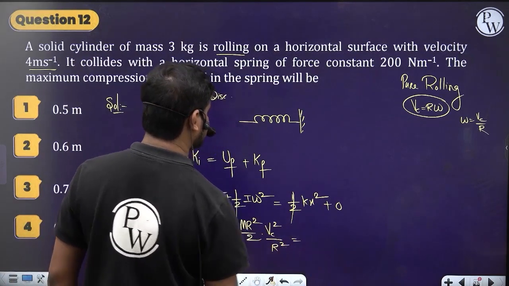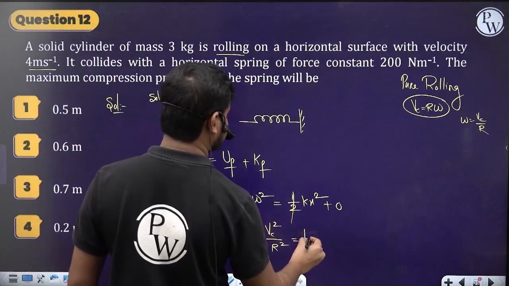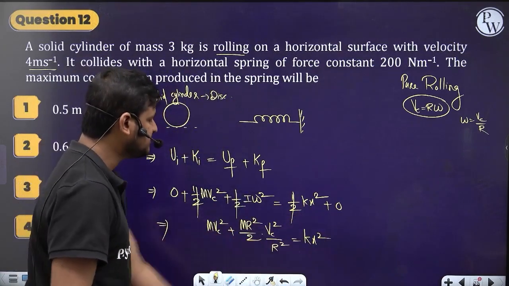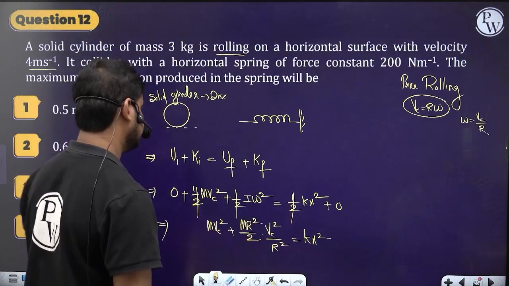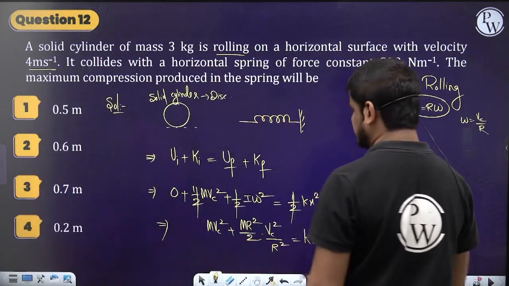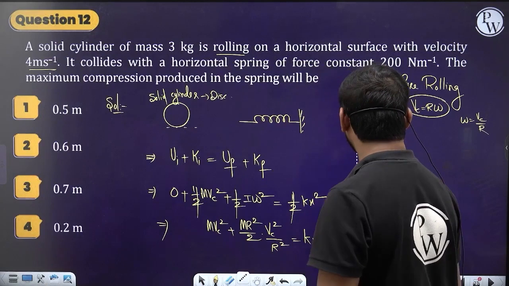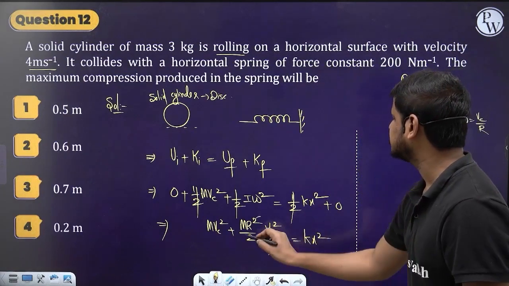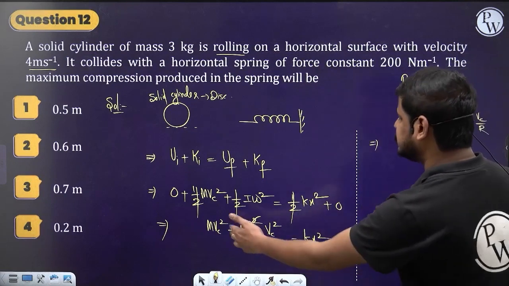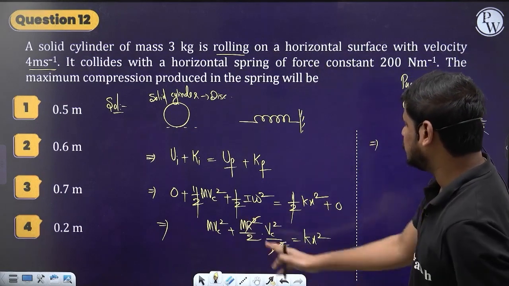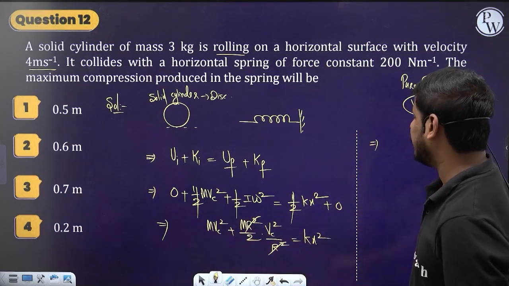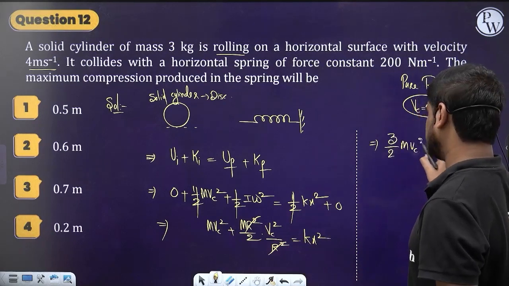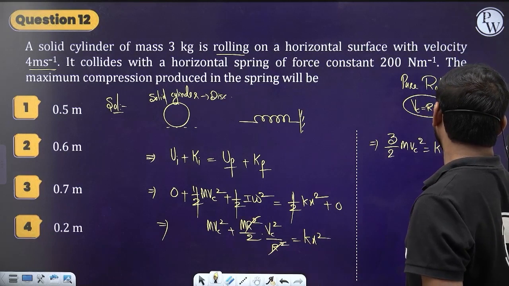The only unknown is x, so you can substitute the values. Or else first let's simplify the LHS. Can you do the basic calculations here? Here r square I am cancelling. Here m vc square plus m vc square by 2. So 1 plus 1 by 2 I can write as 3 by 2 m vc square equals k x square.